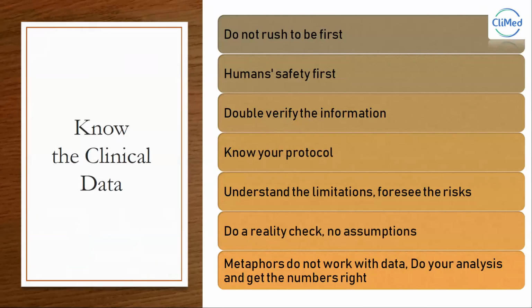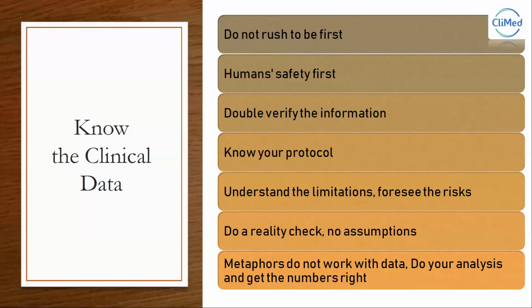So, knowing the data. Like I already said, data is very important. You have to understand why it is becoming more important when you deal with data. You may have some data and an idea that there should be a drug for it, but you should not rush. You have to assess how safe it is for humans, how feasible it is, and what risks you have.